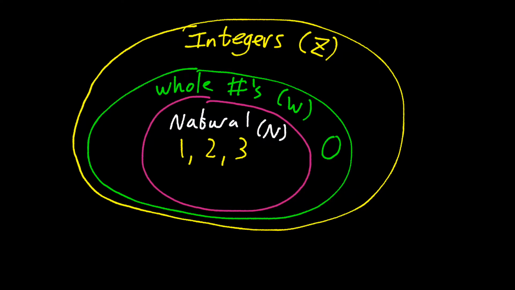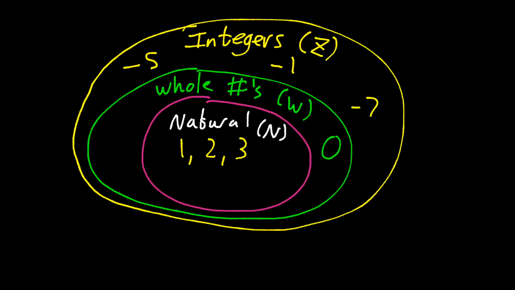Integers include, just like you can see with this diagram that I'm making, natural numbers. It includes whole numbers. But now we're also using our negatives. So things like -1, -5, -7. Integers includes pretty much everything from negative infinity all the way up to positive infinity.